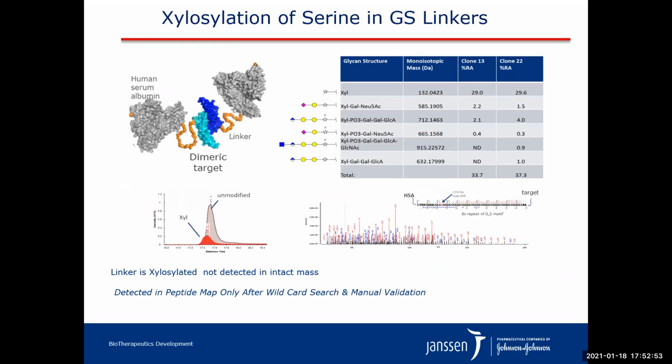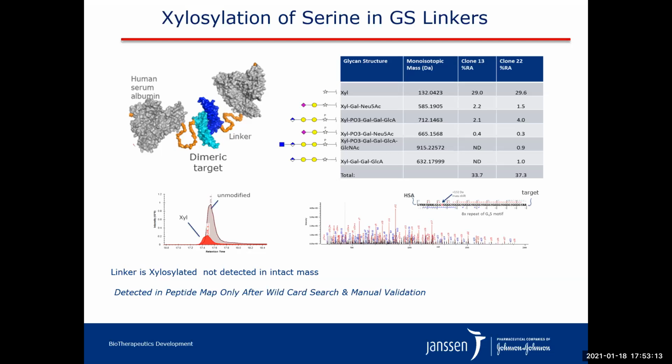Finally, we see linkers made up of G4S are highly susceptible to xylose modification, which is a modification found in plants. These observations have also been reported in biotherapeutics with long G4S repeats in certain types of host cells.